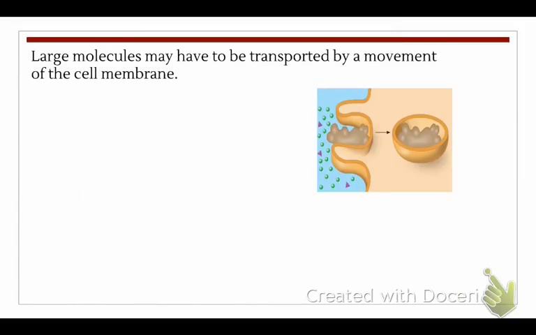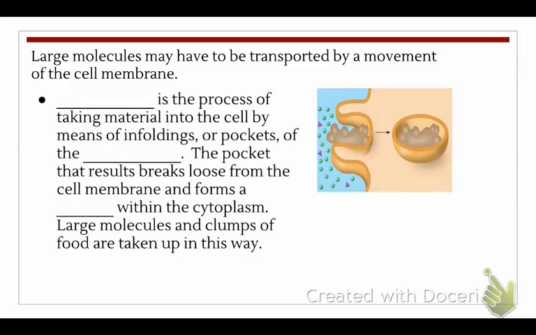All right. Large molecules may be transported by a movement of the cell membrane. So this is like if it's something huge, okay? So endocytosis is the process of taking material into the cell by means of infoldings or pockets of the cell membrane. It actually like gives it a hug and brings it all the way in. Okay?